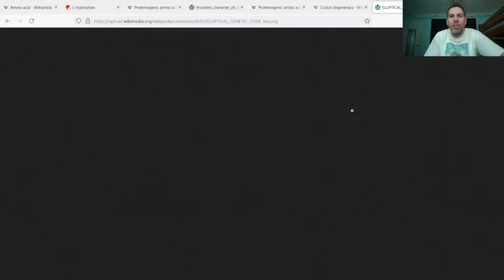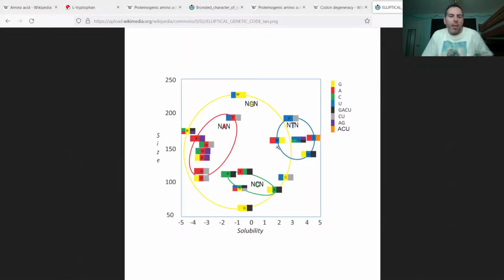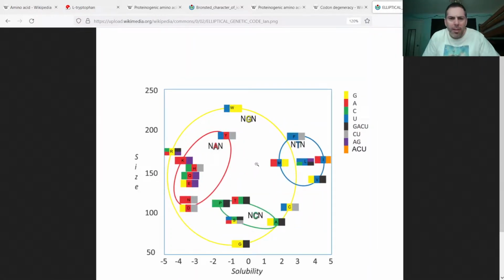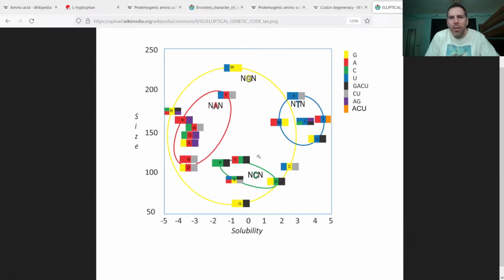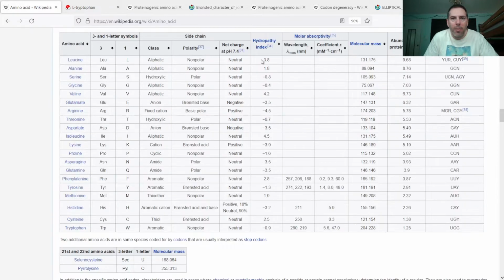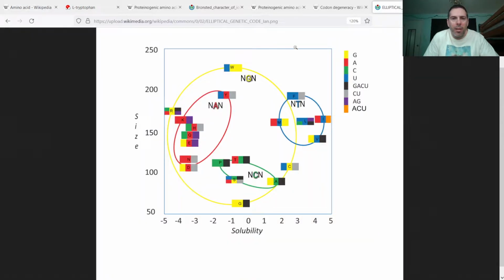And then there's this plot here, which I talked about before in one of the summaries, I think. So this shows the amino acids on this plot of solubility and size. Solubility is the hydropathy index from this page here, and size is the volume of the molecule.